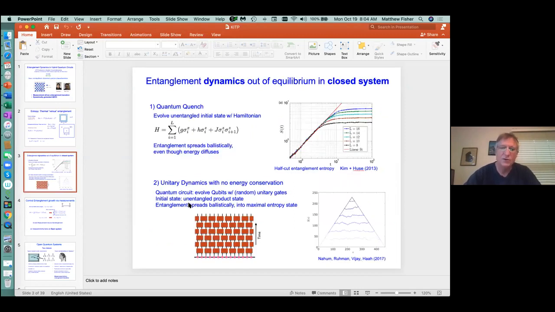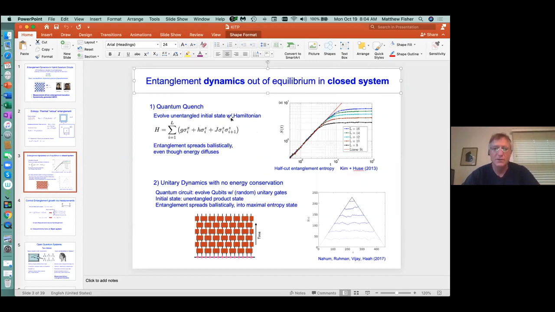But I'm not going to be talking about equilibrium systems. I'm going to be talking about out of equilibrium systems, focusing on entanglement dynamics, and initially closed systems. For a closed quantum system out of equilibrium, there are 2 ways one can look at that. One is with a quantum quench.